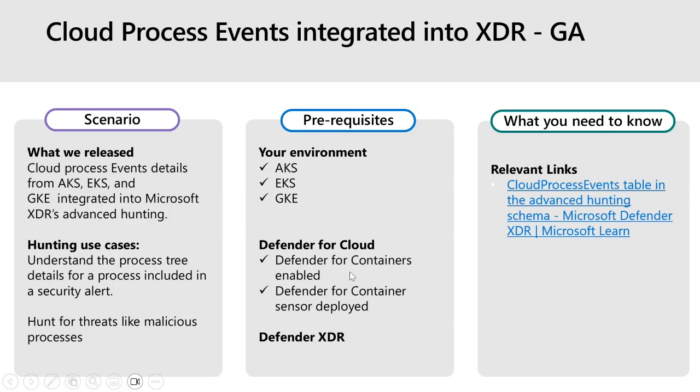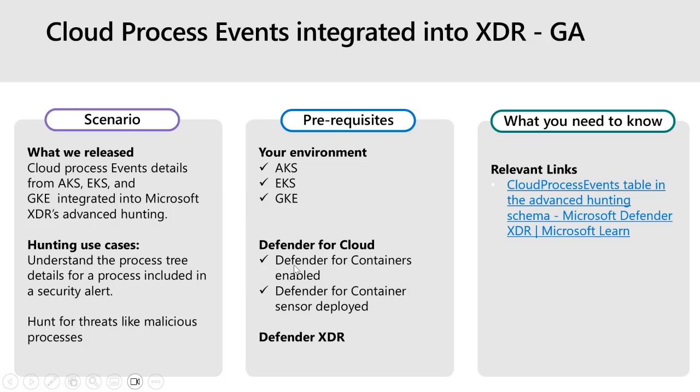So this is useful for hunting scenarios to discover threats which can be observed through process details, like say malicious processes running within the cluster, or any command line signatures that you want to detect using these cloud process events. So the security alerts include cloud process events data and also the process tree details for a process, and we can investigate it in the advanced hunting portal.